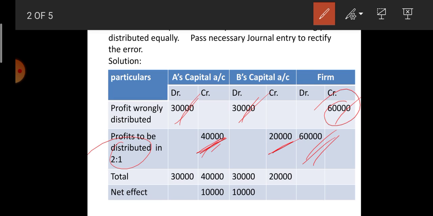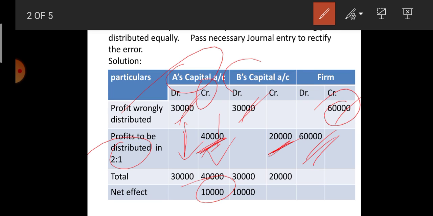We are crediting the partners' capital accounts. Now you find the net difference. See, the debit side total is 30,000 and the credit side in case of A is 40,000. So A's credit side exceeds by rupees 10,000. That means we will credit him in the adjustment entry.